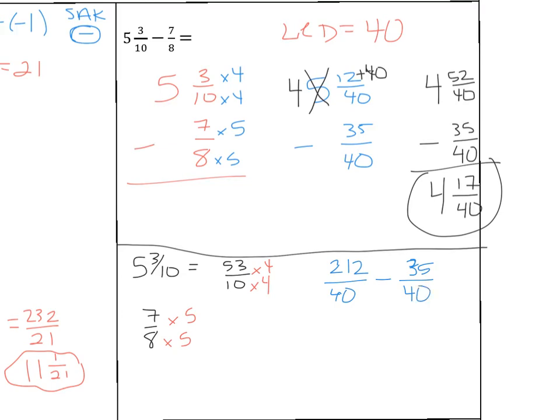Then you can subtract across the top. 212 subtract 35 gives you 177/40. Or if you were to simplify that, turn it back into that mixed number, you would get 4 17/40. Just takes you a lot longer to get there.